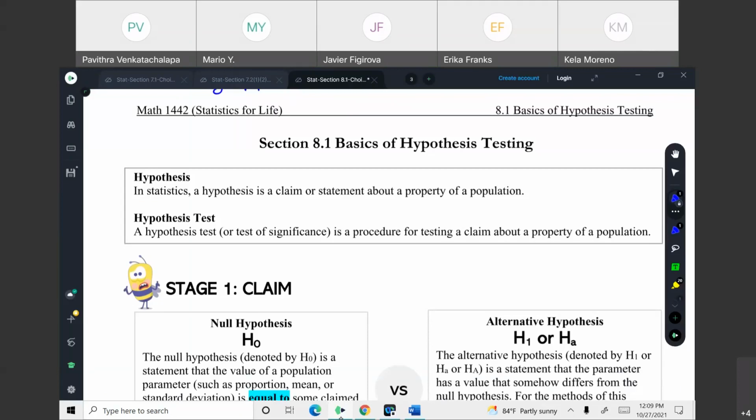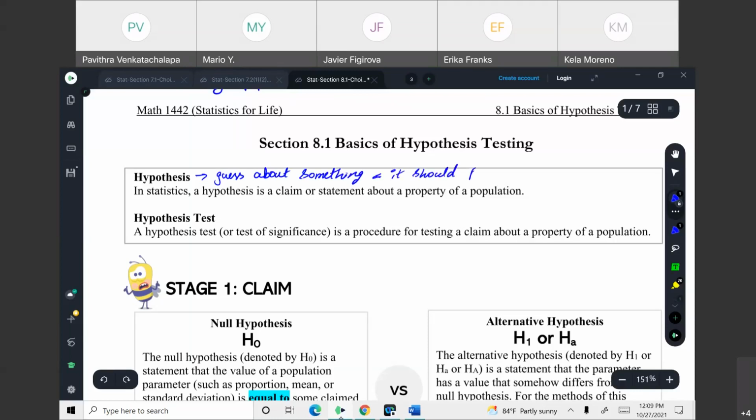Now, to find out that, we use hypothesis. Okay, now in simple words, it is nothing but a guess about something. It could be anything. A guess about something, and it should be proved by experiment or observation.